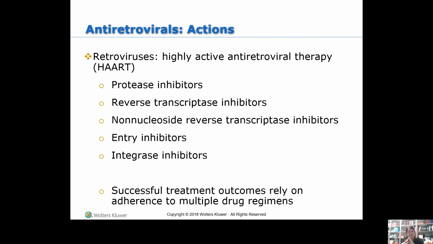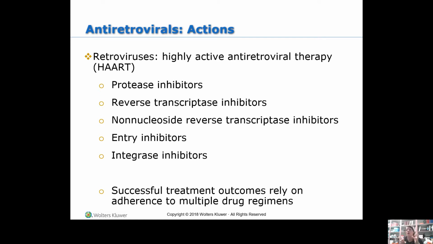Like when we talked about TB, all of those drugs together make them effective. It's the same way with antiretrovirals. All of them together is what makes them effective, because one is affecting the protease and one is affecting the non-nucleotide reverse transcriptase inhibitors.